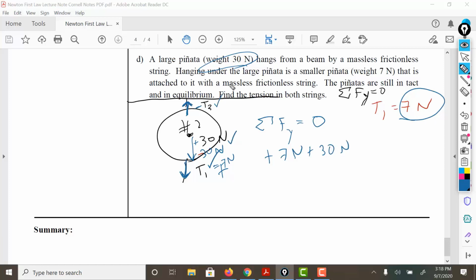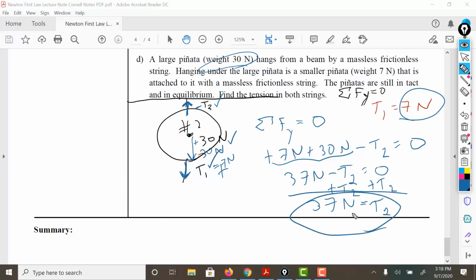And then I have a minus T2 equals 0. Remember, on the left side we collect all the forces and it depends on which way they're going. Combining these, we get 37 newtons. We move T2 over and we get a value of 37 newtons for tension 2. Notice, like the previous problem, that the tension in the top string is due to the combined weights of the entire system.